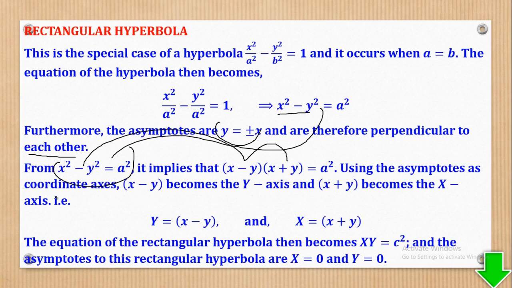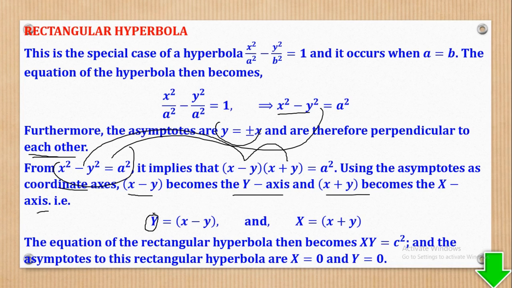Now using the asymptotes as coordinates, remember they are perpendicular, meaning that we can rotate and use them as coordinates. So this becomes the y-axis and this becomes the x-axis. Therefore we shall now replace with capital letters.